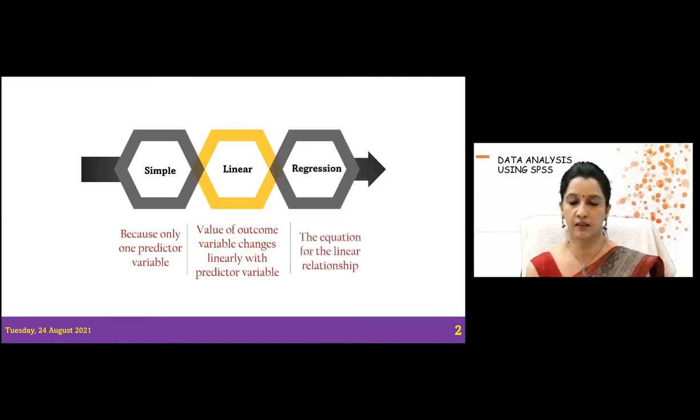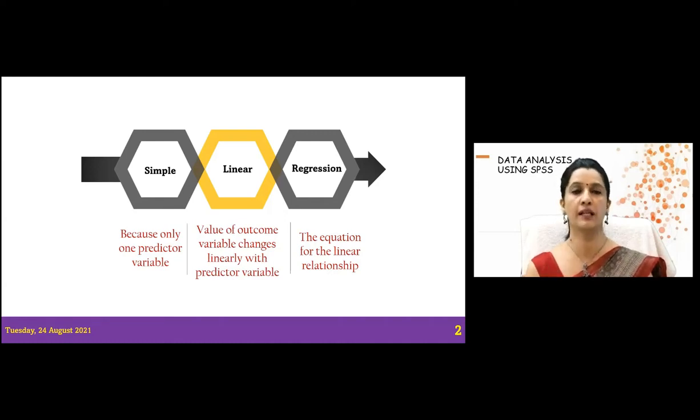And the third term is regression. Regression means that with the use of a mathematical formula, we predict. That's why it's a linear relation, and that equation is of a linear relationship. So that's what we mean by a simple linear regression. Why simple? Because there is only one independent variable. Why linear?